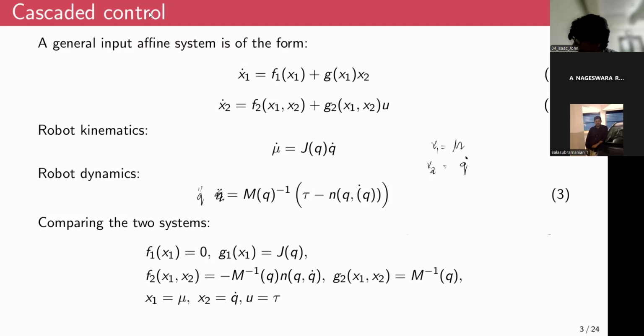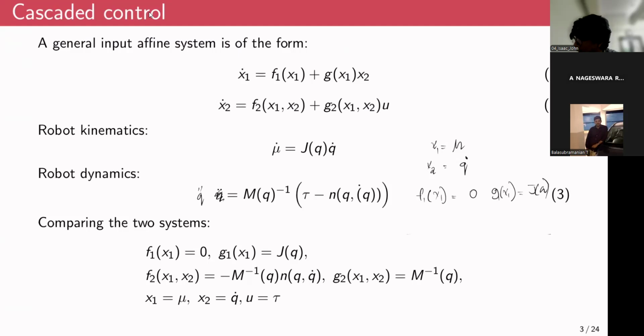And then comparing the equation 1a with equation 2, the term f1 of x1 is basically 0, and g1 of x1 would be the Jacobian matrix J of q.